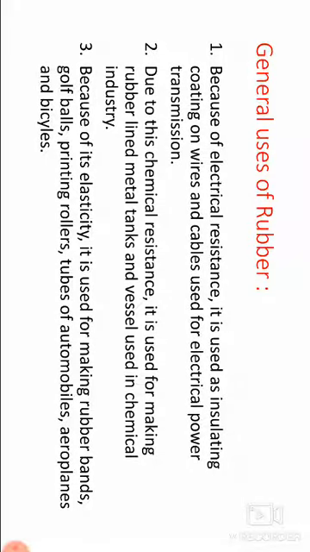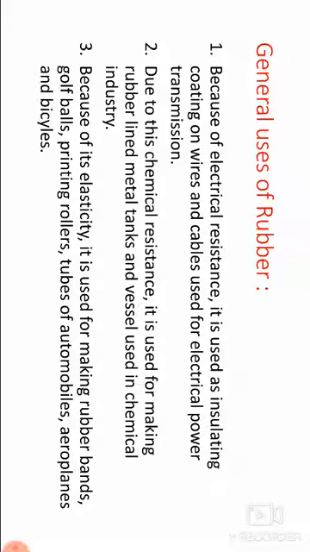The first one is electrical resistance, meaning different types of wires and insulating coating on wires and cables used for electrical power transmission.